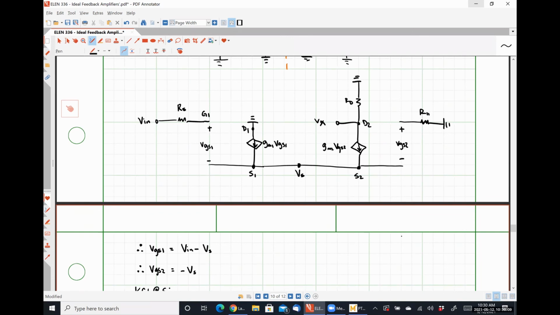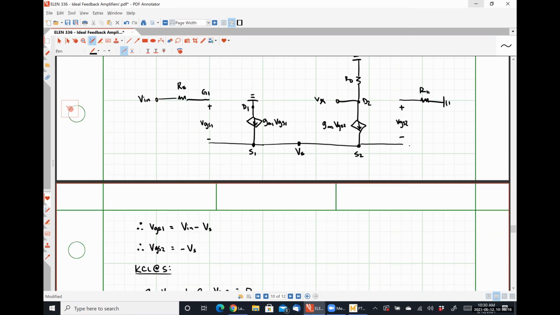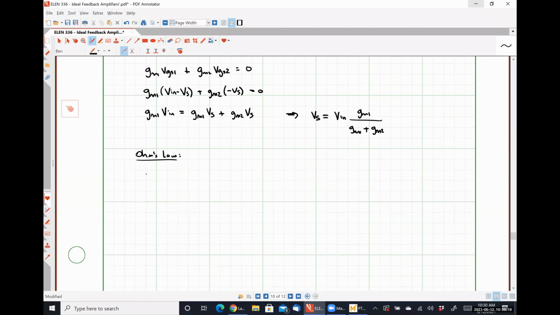So that's going to be negative GM2 VGS2 times RD, which is negative GM2 times negative Vs times RD, which just looks like GM1 GM2 RD divided by GM1 plus GM2 times Vn.